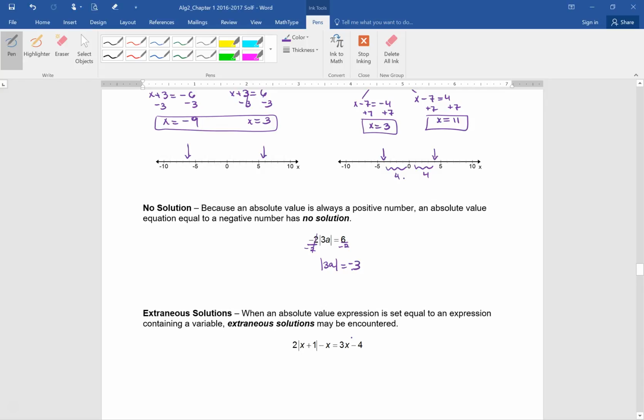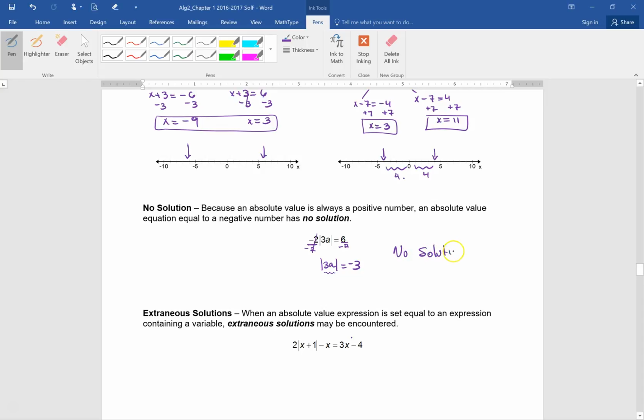Well, what is this telling me? This is telling me that there is something, the distance of which from 0 is -3. But can a distance ever be a negative number? No. So this is a no solution because a distance can never be negative. Okay? Anytime we see that, no solution.